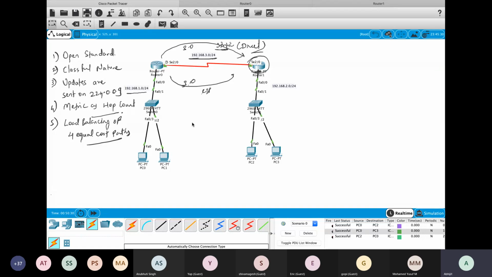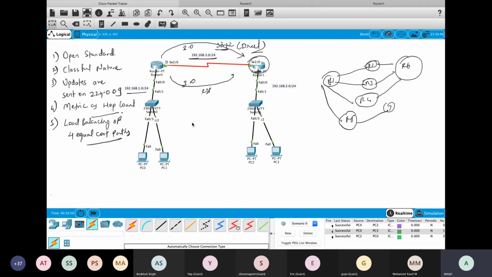Now, what does this mean? Suppose you have an R1 router, and that R1 is connected to R2, R3, R4, and then R5. And R2, R3, and R4 are connected to R6 with just 1 hop. But R5 is connected to R6 by going through R7 like this. So can I say that R1 has a route, let's say 60.0.0.0?